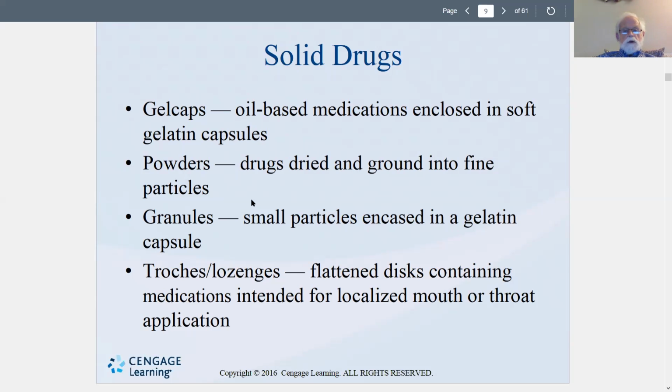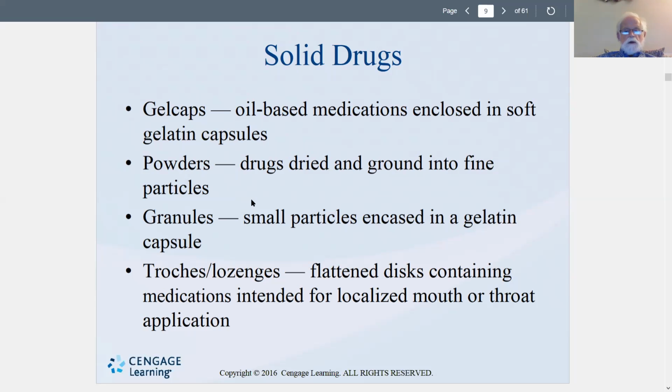We have powders. In fact, we still sell some drugs in powder form where you tear open the packet, drop it into water. The granules is just another piece of size issue. It's larger chunks than a powder, but smaller than a crystal. So, in other words, a big range.